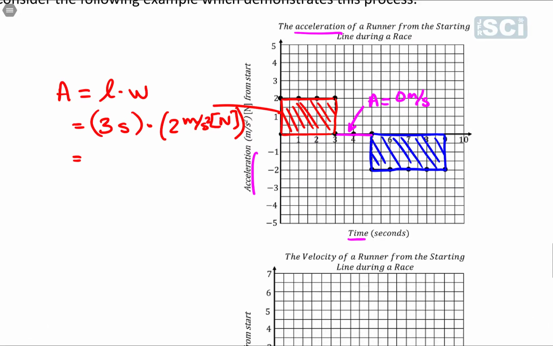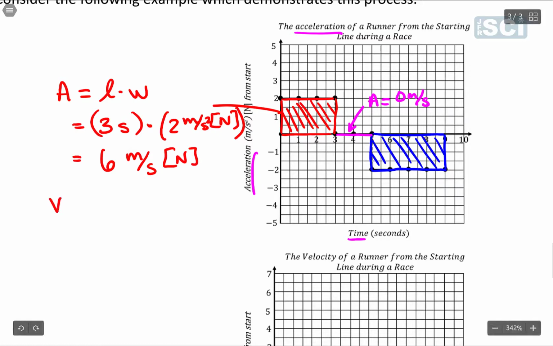So if I multiply this together, I get 6 seconds times meters divided by seconds squared. So that gives me meters per second north. So I now know that for this section here, my velocity in that first section is going to be 6 meters per second north by the end of it.